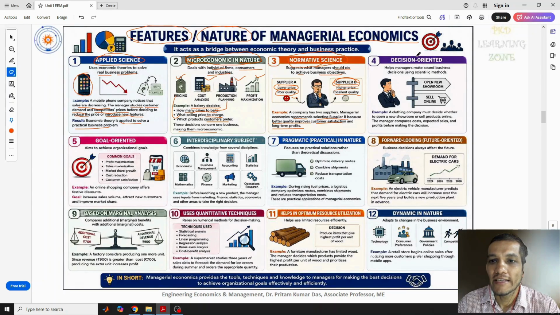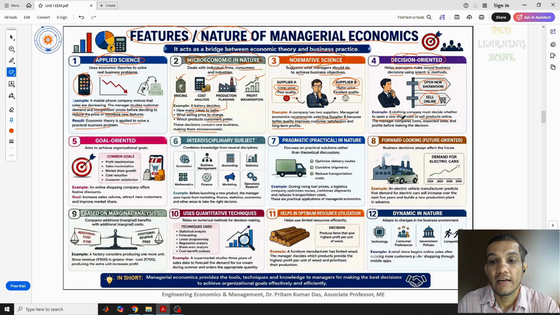The next one is decision oriented. It helps managers make sound business decisions using scientific methods. They can decide whether to open a new showroom or to sell online. Both can be applicable, but let me give an example. A clothing shop company must decide whether to open a new showroom or to sell the product online.